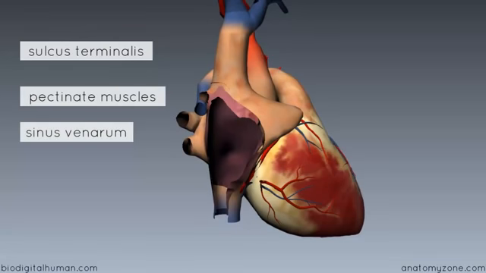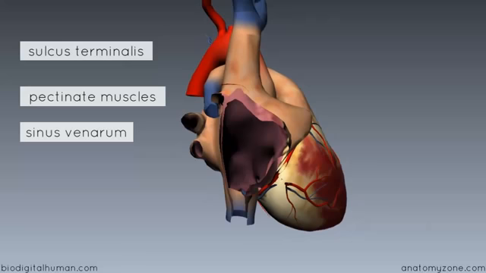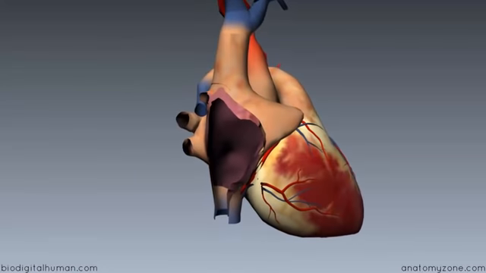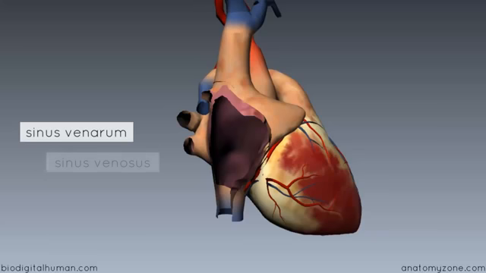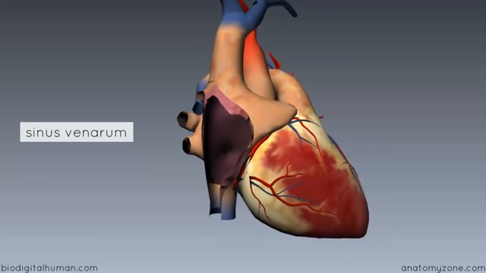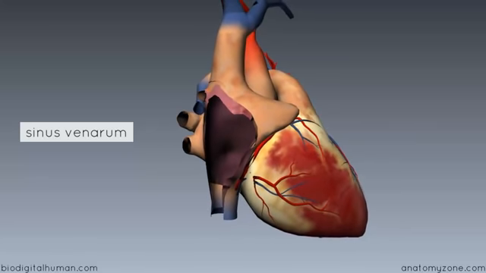What we're looking at here is the smooth posterior wall of the right atrium, and this smooth wall is called the sinus venarum, which develops from the sinus venosus of the embryonic heart. So the sulcus terminalis externally represents the line of union between the sinus venarum and the pectinate muscle, the rough anterior wall.